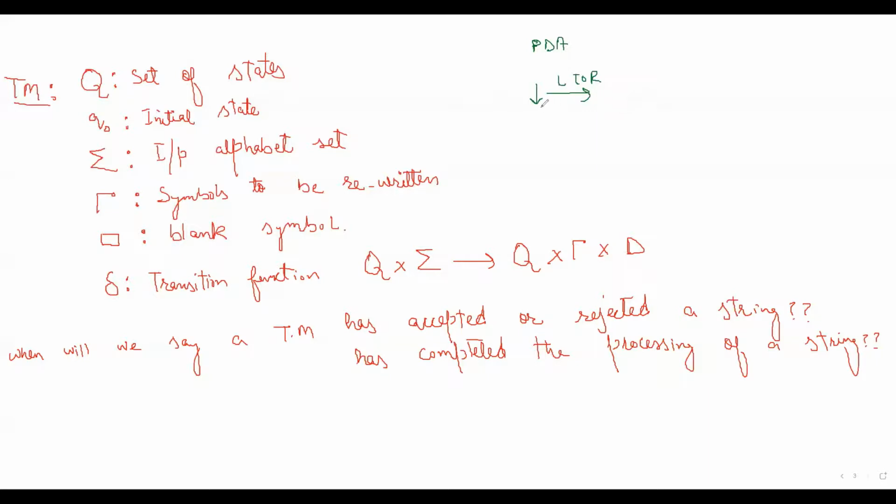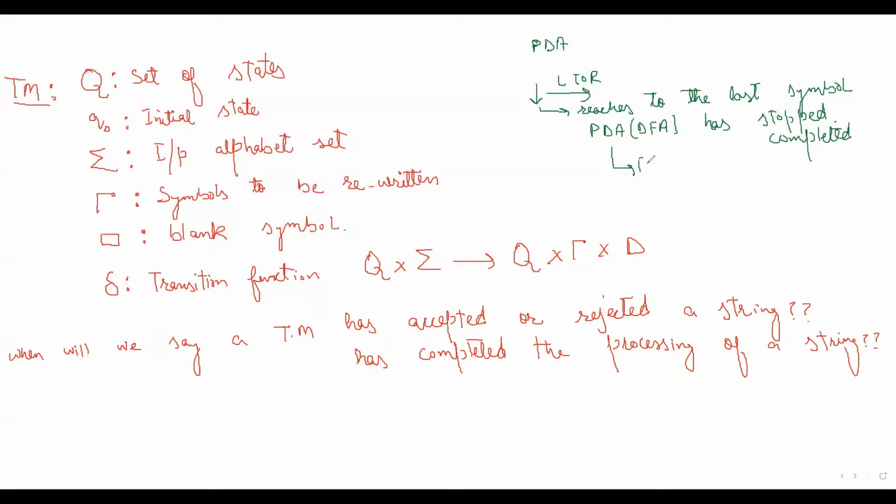And when this tape head reaches the last symbol, at that point, we were saying that the PDA or DFA has stopped, or has completed the processing of a string. And after completing the processing of a string, we were checking whether it is in a final state or non-final state.